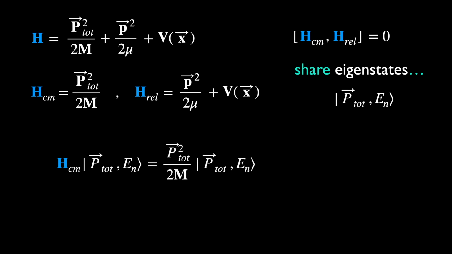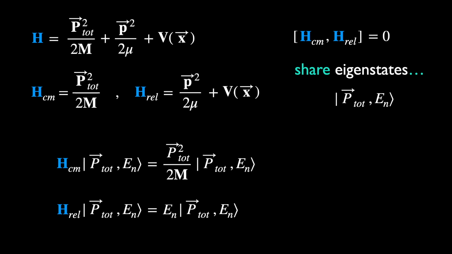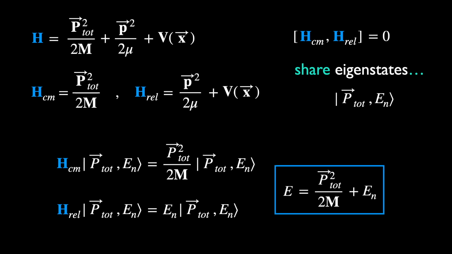The part that corresponds to the eigenstates of H relative is the kind of states we have been solving for the past few lectures. These are the internal bound states of the two-particle system. Therefore, we expect the associated energies to be discrete, hence denoted by En. The total energy is then simply the sum of the two independent parts, the kinetic energy of the center of mass plus the relative internal energy.